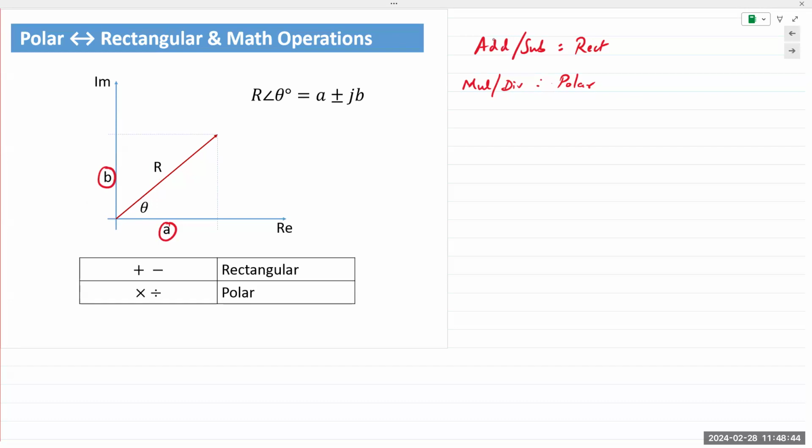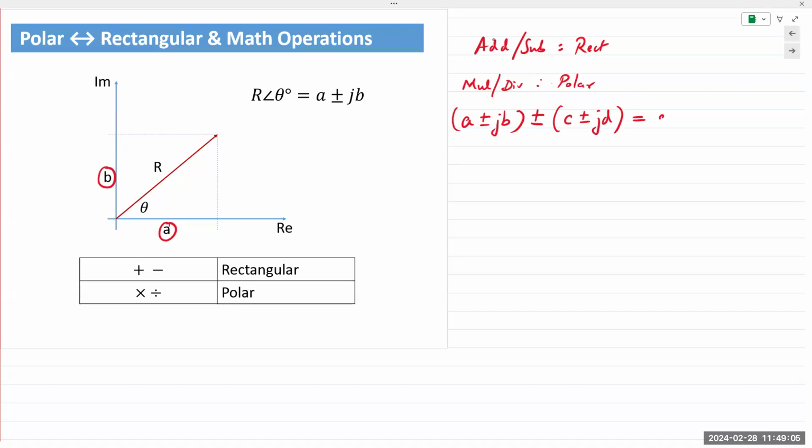That's all it is. So if you're trying to add, let's say, A plus or minus jB, that's one number, and I was trying to add or subtract another number in rectangular coordinates, C plus or minus jD, you would simply combine the real parts together and then combine the imaginary parts together.